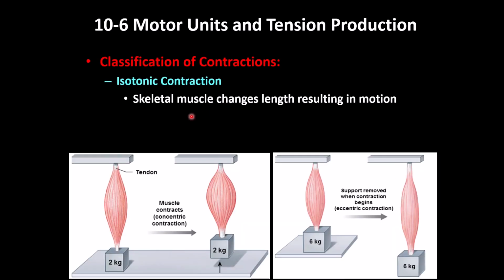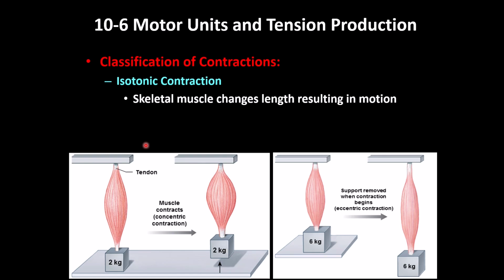Classification of the muscle contraction. One is called isotonic, and the other one is called isometric. So isotonic means the tone is the same, but the length of the muscle is different. So there are 2 types here. One is called concentric, and the other one is called eccentric.